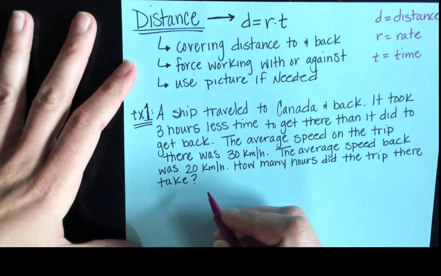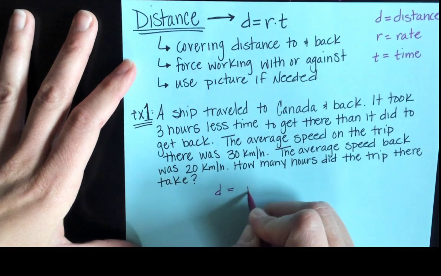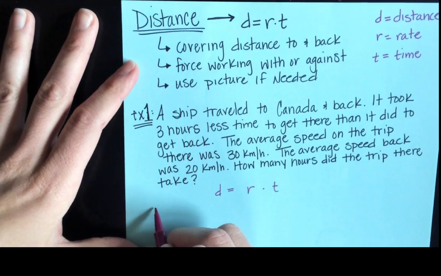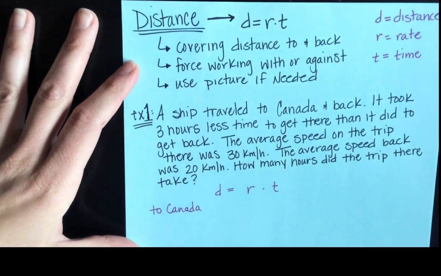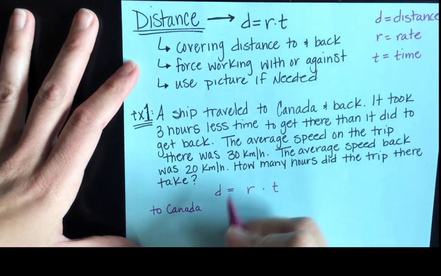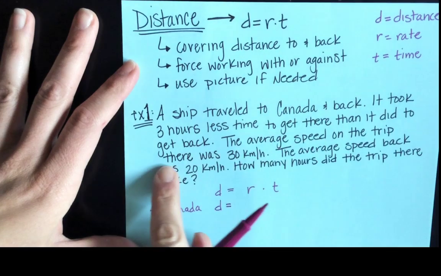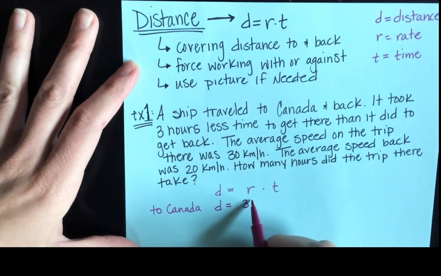So if we set everything up in the idea that we want distance equals rate times time, our trip to Canada talked about our distance. The trip to was 30 kilometers per hour.